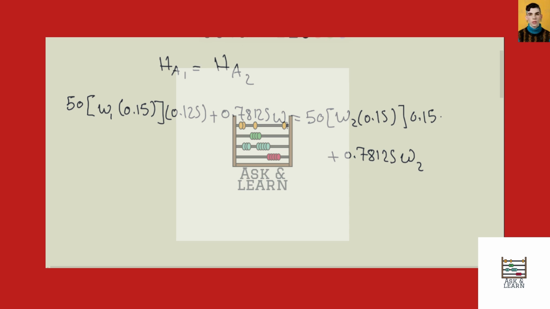So in this case, we can get the relation between omega 1 and omega 2, where omega 1 equals 1.109 omega 2, and this is equation number 1.